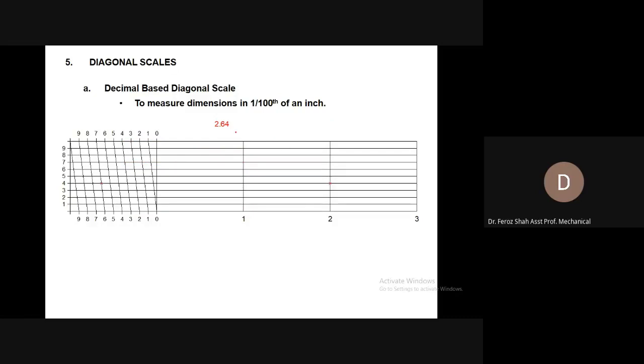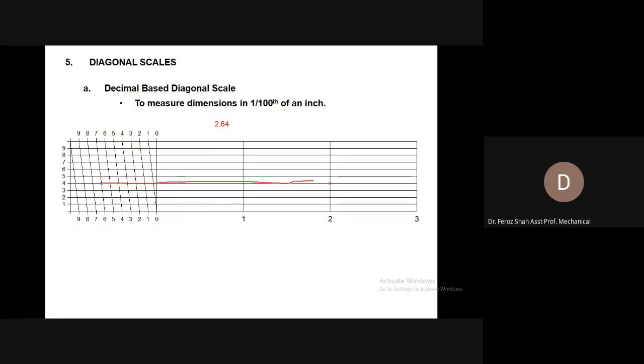Now 2.64. Point 1, point 2, point 3, point 4, point 5, point 6, point 61, point 62, point 63, point 64. So from here to here it is 0.64. Now add 2 whole inches with that.